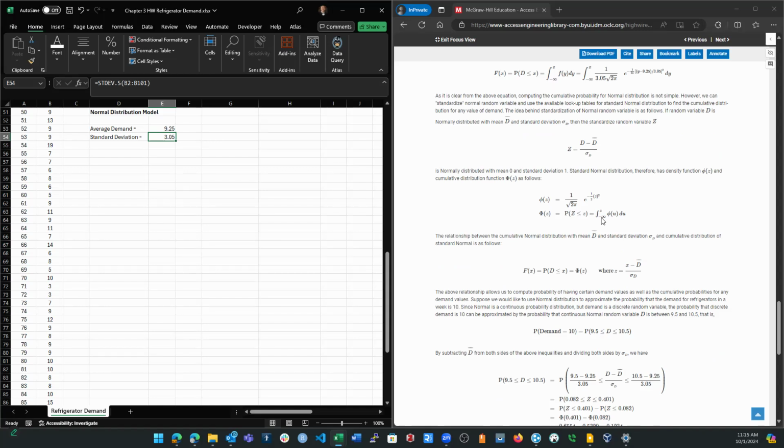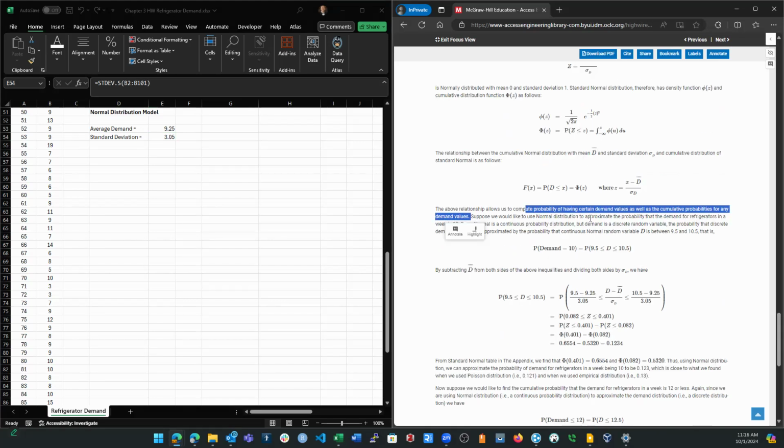And we can see those there. It also gives us the relationship between the cumulative normal distribution and the cumulative distribution of the standard normal as follows. So here is the relationship. This relationship's important. It allows us to compute the probability of having certain demand values as well as cumulative probabilities for any demand values. Again, the math here is behind all of these equations that we're using.